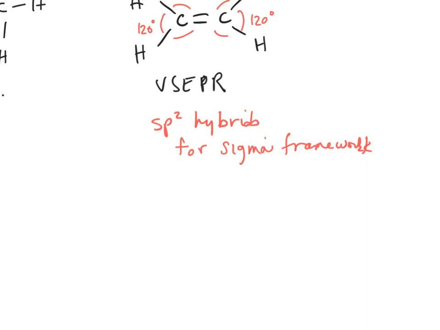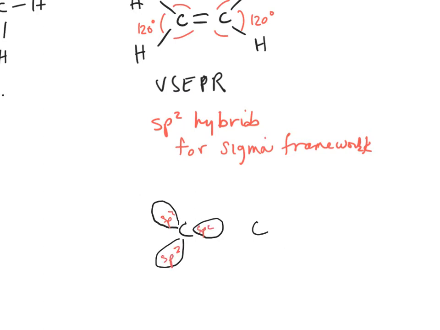So go back to the framework of the molecule. Remember, each sp2 hybrid is this almond-shaped orbital. The little nub on the other end of it is not shown. So those are sp2s, 120 degrees.